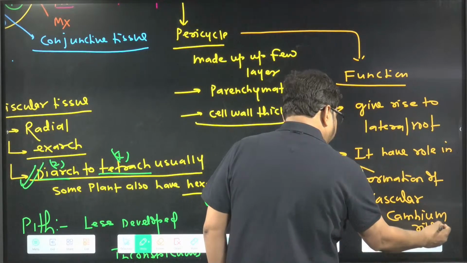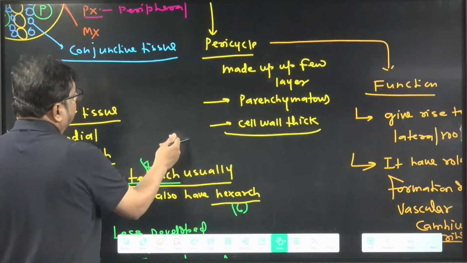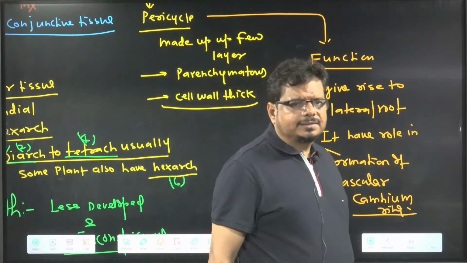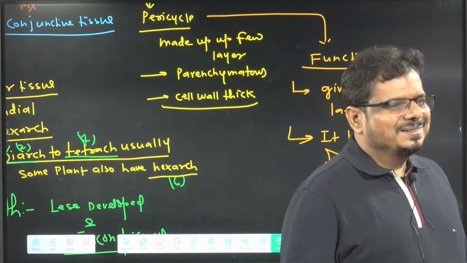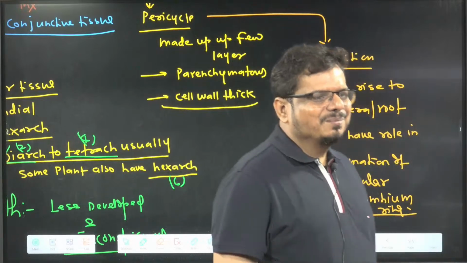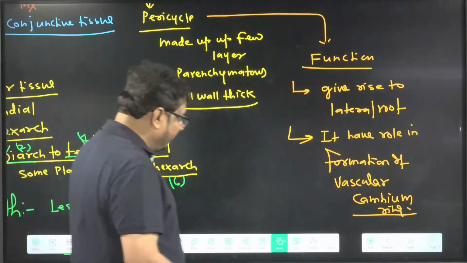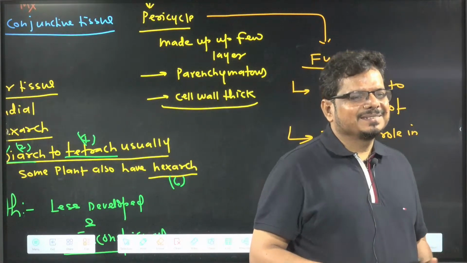So this is about the anatomy of dicot root. Dicot, root or stem? Root. Got the idea? Picture came, understanding came, clarity came or not?